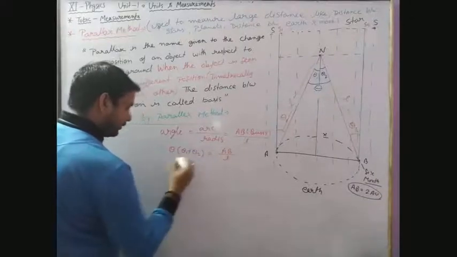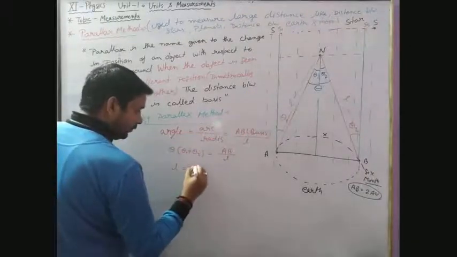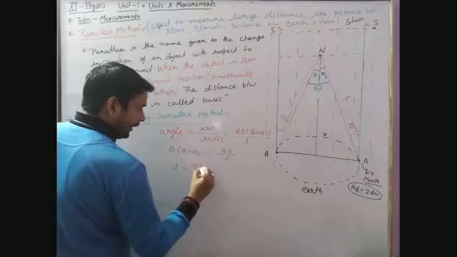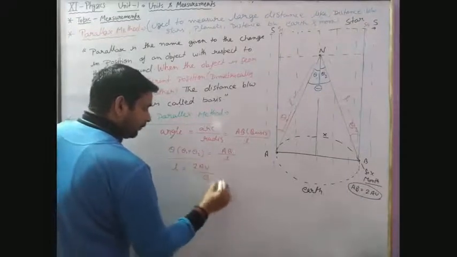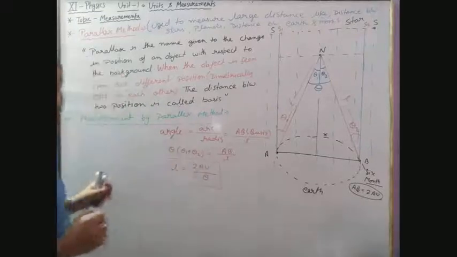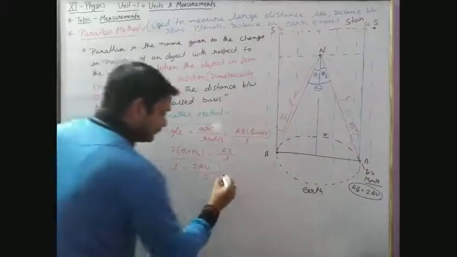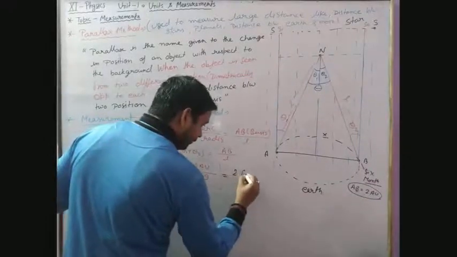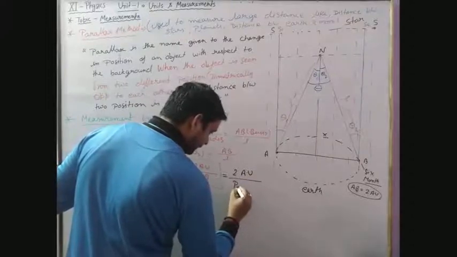So we need to calculate the distance L, which is equal to AB, which is 2 astronomical units, upon theta, where theta is the parallactic angle. That is, 2 AU upon the parallactic angle.